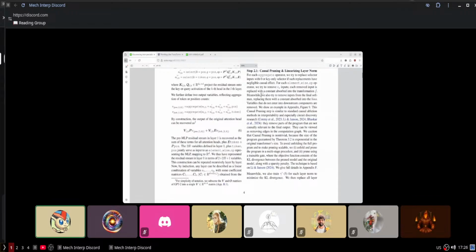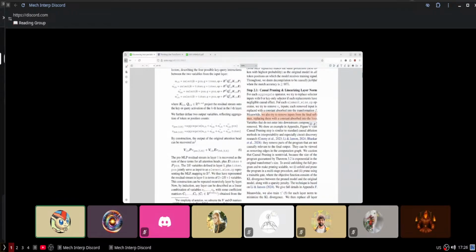Also, we try to remove inputs for the final softmax, replacing them with a constant substituting the bias. Where is the bias on this, actually? The RASP operations, do they put it? I mean, you could put it onto aggregate, part of the aggregate or something.